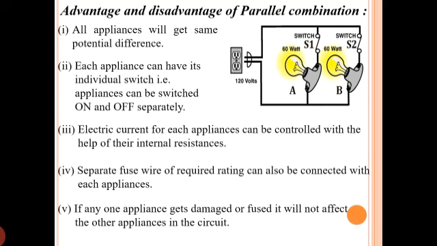So basically at home all the electric appliances are connected in parallel, because it has lots of advantages as compared to the series. So I hope this point is clear and you can differentiate the series and parallel combination in the circuit. So based on this, just one question will be given to you today.